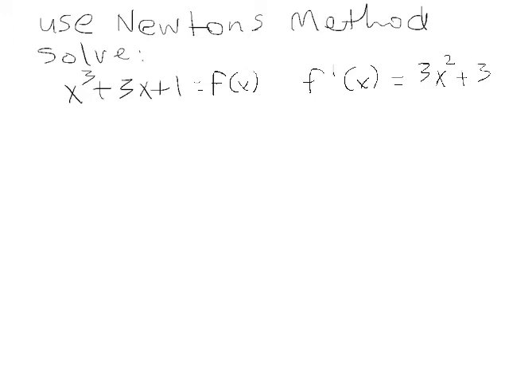And then once I know that, I'm just going to follow the formula, which is a kind of goofy looking formula. x(n+1) is equal to xn minus f of xn divided by f prime of xn.